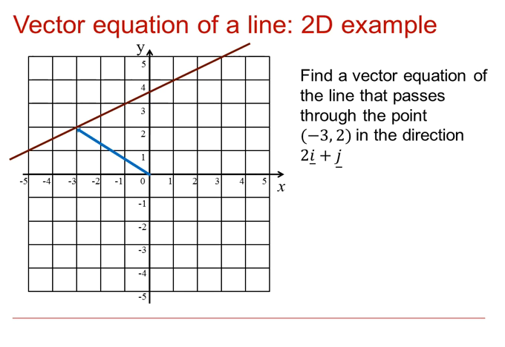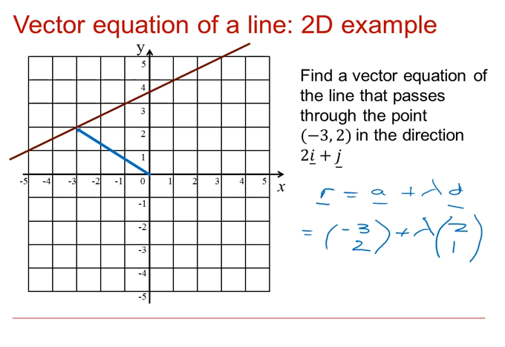Let's take (-3, 2) as our a vector, for r equals a plus lambda d. a being (-3, 2), and then we just need lambda, which is our variable parameter, and the direction we know is (2, 1). This therefore is the vector equation of that line.